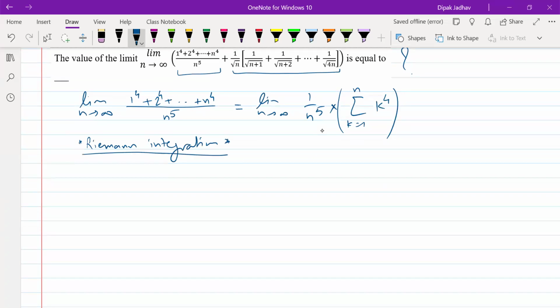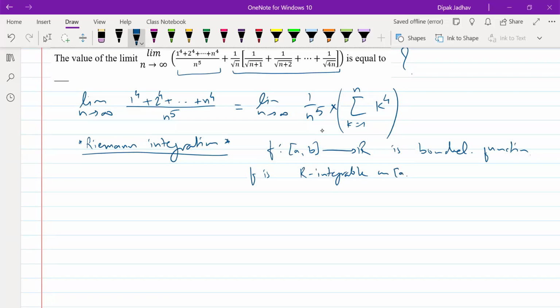I hope you all have gone through Riemann integration of one variable calculus. Let f from the closed interval a, b to R be a bounded function. Then there's a big definition: what do we mean by f being Riemann integrable on the closed interval a, b? There are several concepts involved.